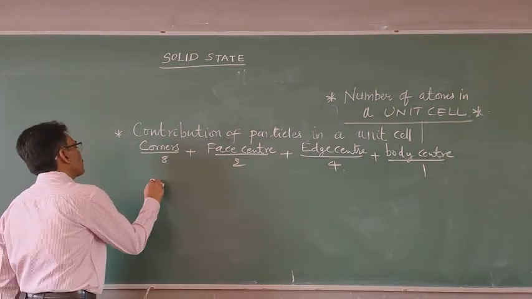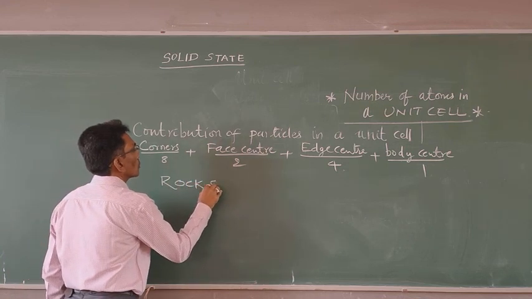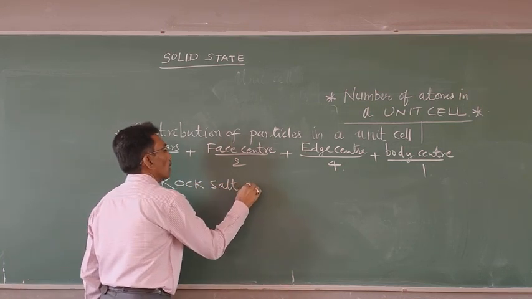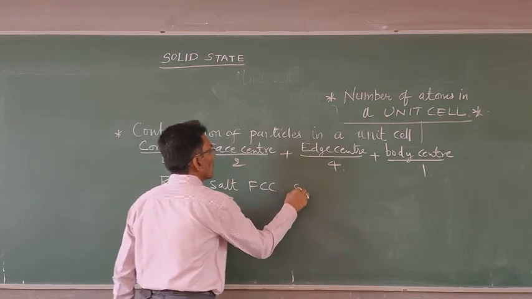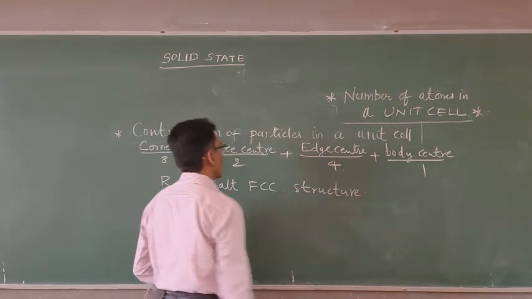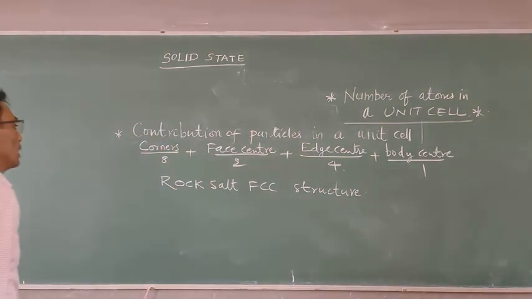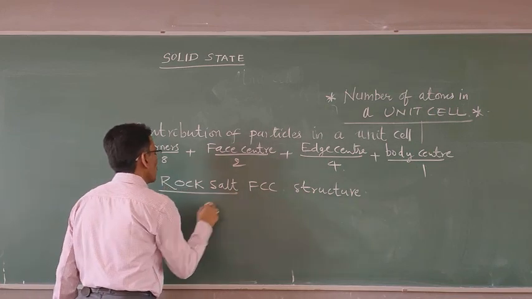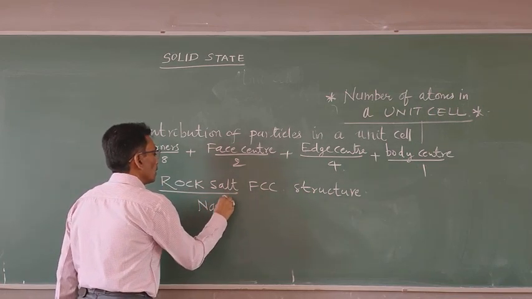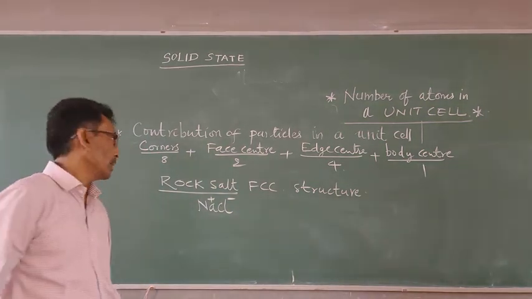Now, rock salt FCC structure. Very, very important, this one. And what we are going to take under this one. Rock salt FCC, rock salt is NaCl. NaCl in the form of Na plus and Cl minus.